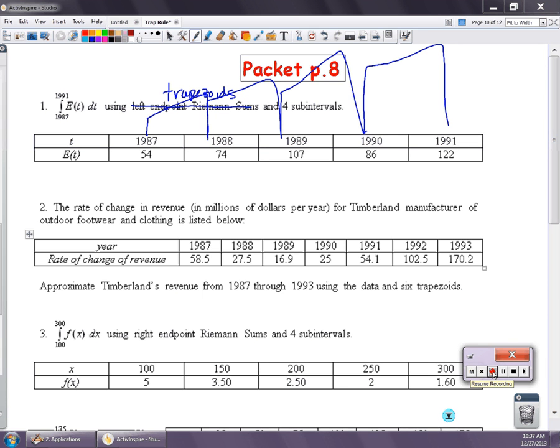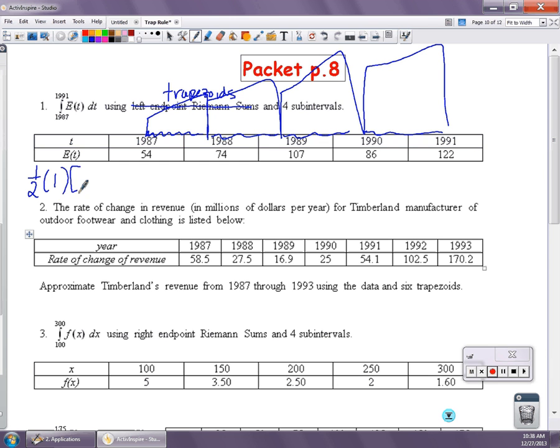I'm going to approximate that definite integral. Notice that we have a common height of 1, 1, 1, and 1. So the approximation will be the formula for the area of a trapezoid, 1/2 of, in this case, the common height. The first base, 54, is used once.